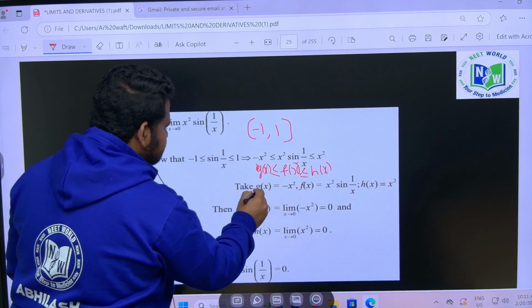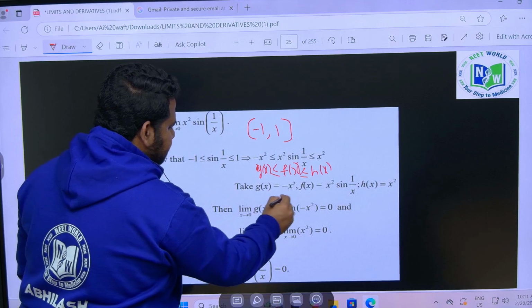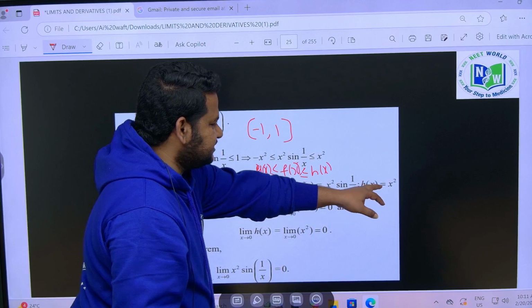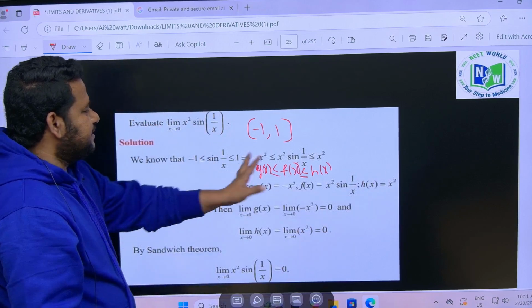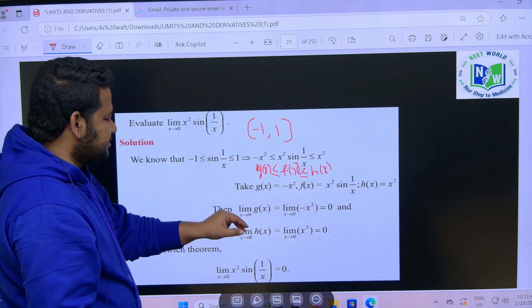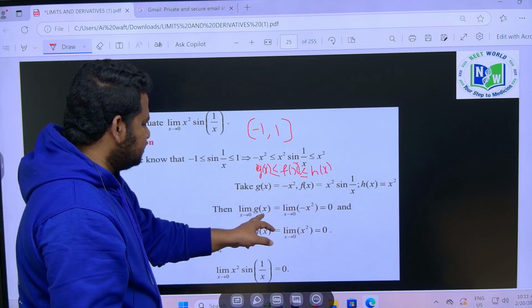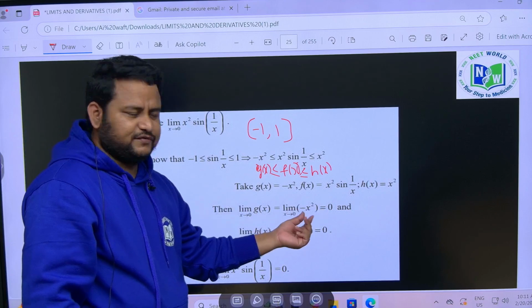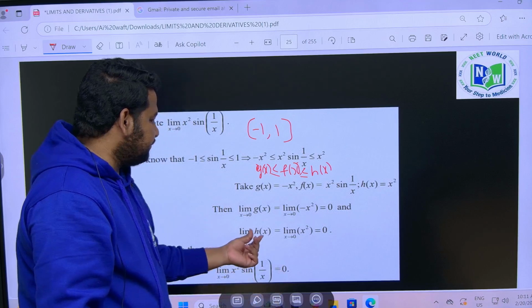That is what we have written. g of x is -x square, f of x is x square sin of 1 by x, h of x is x square. Now if you take limits, limit g of x as x tends to 0, limit -x square as x tends to 0 is 0, because by direct substitution this becomes 0. h of x also becomes 0 by direct substitution.